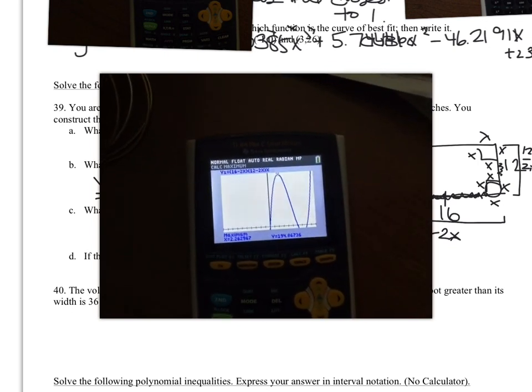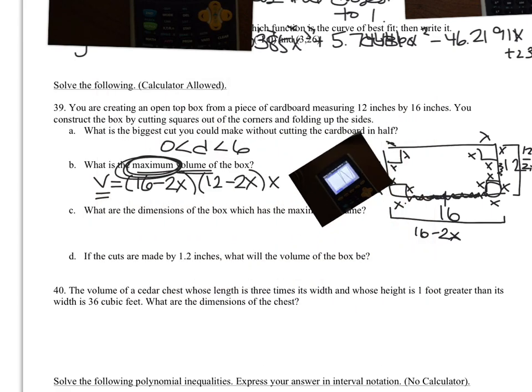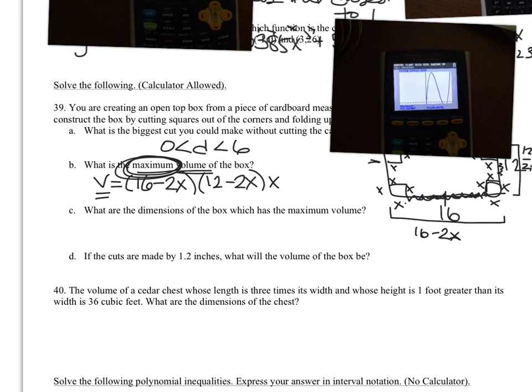It's 194.06. So my maximum volume is 194.1 inches cubed.